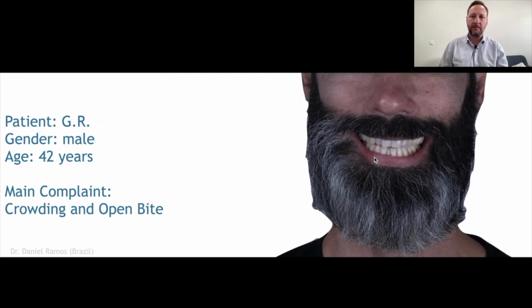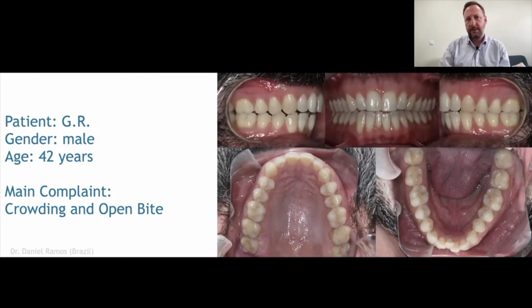Because how can I treat him without seeing him from time to time? With braces it is impossible. So I presented to him the idea to use aligners, and he agreed, okay? I explained how it worked. It was new for him, although he had heard about it, but he didn't have a clue about how it would work.